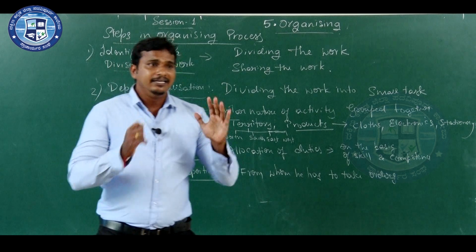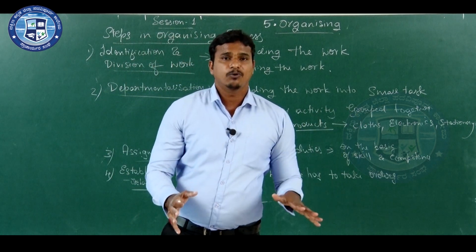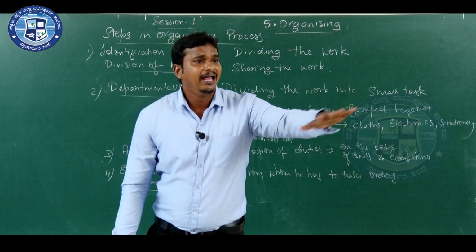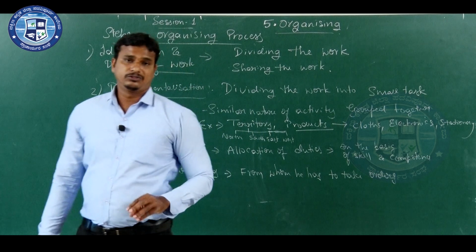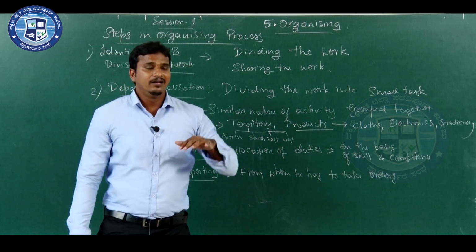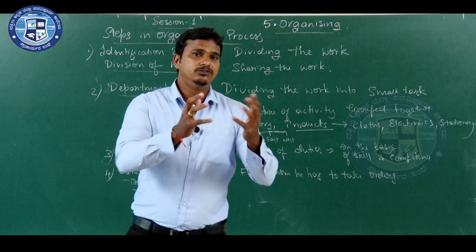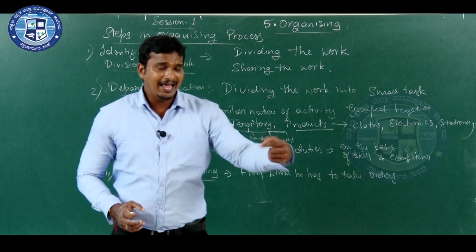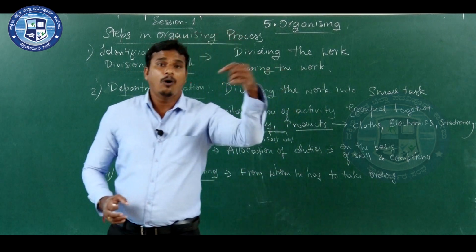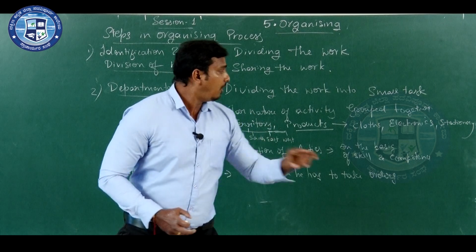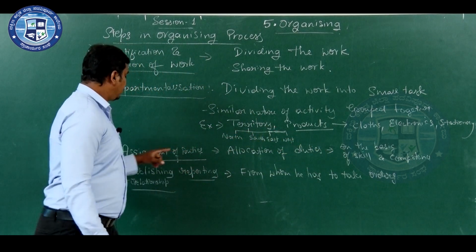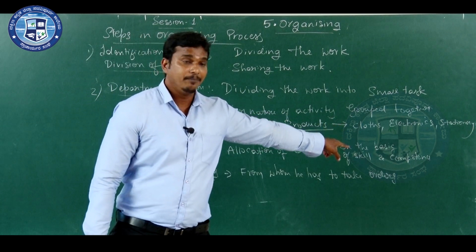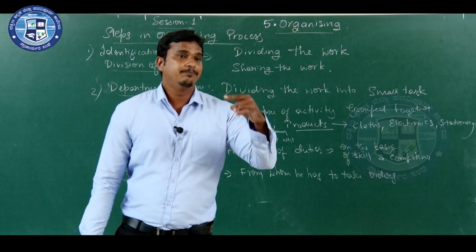Why? Because he knows how to do the accounting process. In his educational qualification, he has done everything related to accounts, so it is very easy for him to do account-related work. That is why you have to recruit according to the skill and competence of an employee. So the assignment of duties is on the basis of skill and competence. Competence means being capable of handling that particular job.